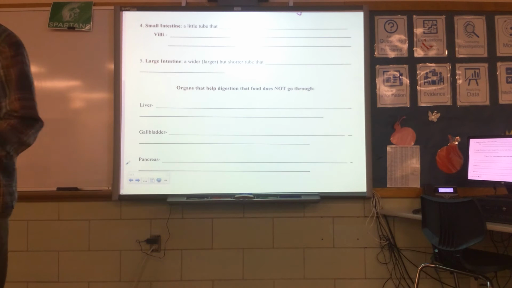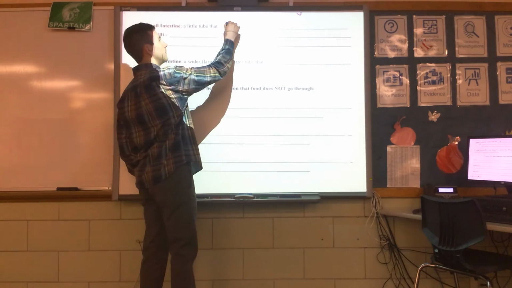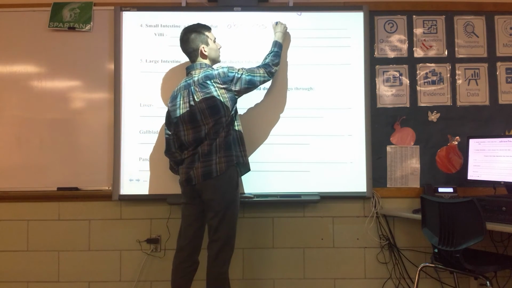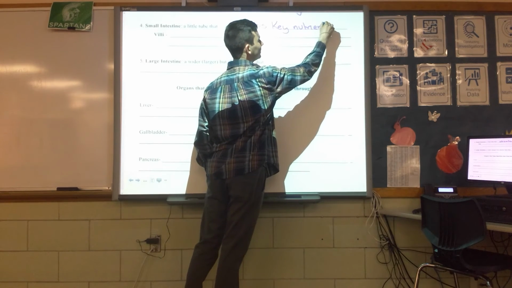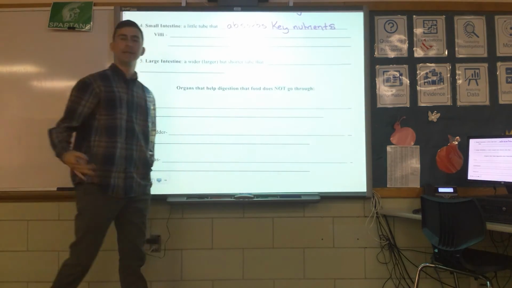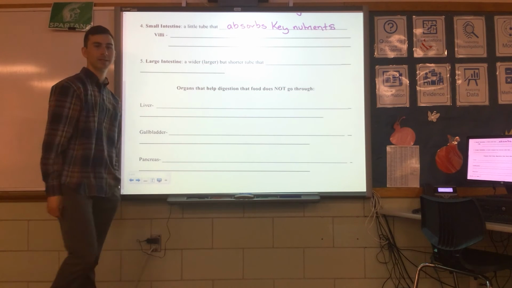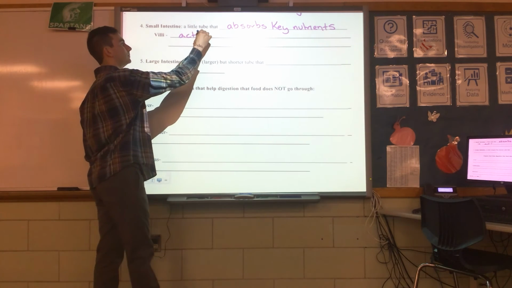We then have our small intestine, which is going to be a little tube that absorbs key nutrients that we get from the food that we eat. What's going to help us do this in our small intestine is our villi. Our villi act like a paper towel.